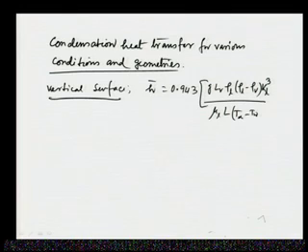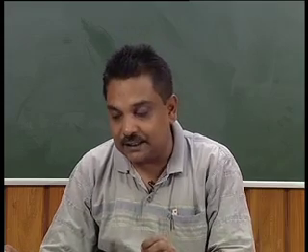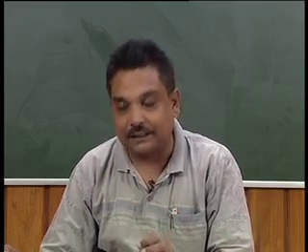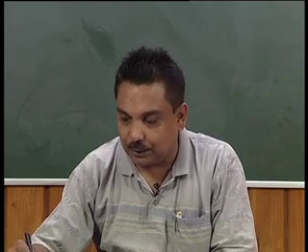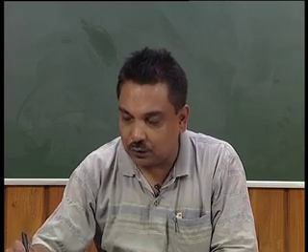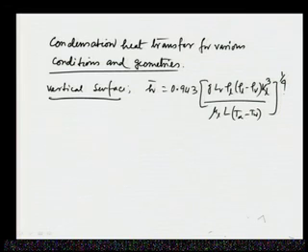T infinity is the saturation temperature of the vapor, and T_W is the wall temperature on the surface where the condensation is taking place. So T_W is lower than T infinity, and then the whole thing to the power 1 by 4. So this is the relationship that we have already discussed.